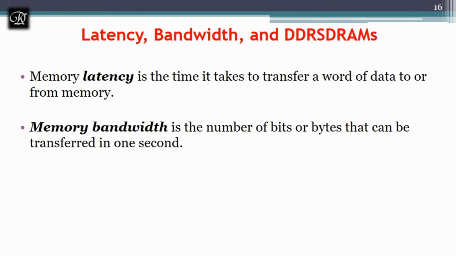It means in 1 second, how many bytes or bits of data I can send at maximum. In the discussion so far, there are 8 data lines, so I can send a maximum of 8 bits in a given time. What if it is a 64-bit data bus? Then the bandwidth is 64. It means I can send a maximum of 64 bits of data in a given time.